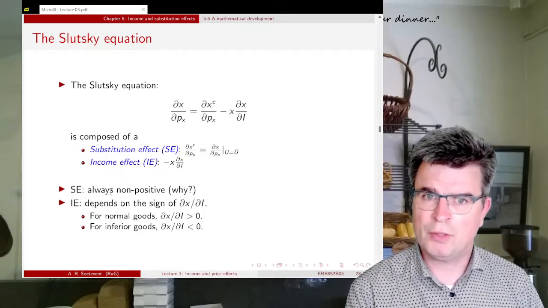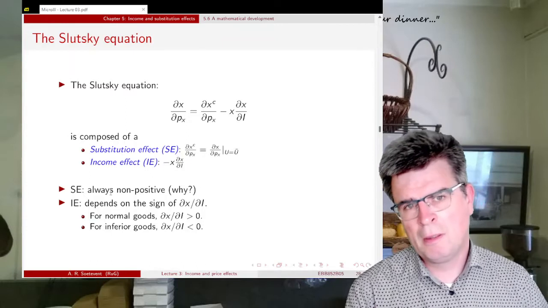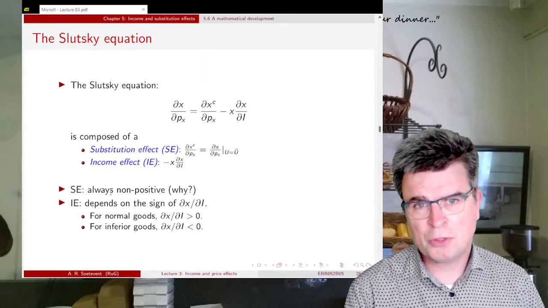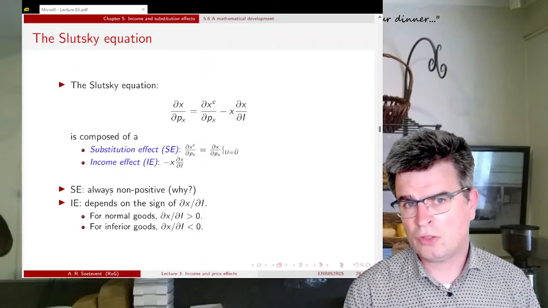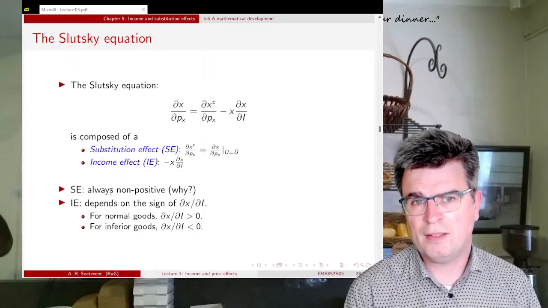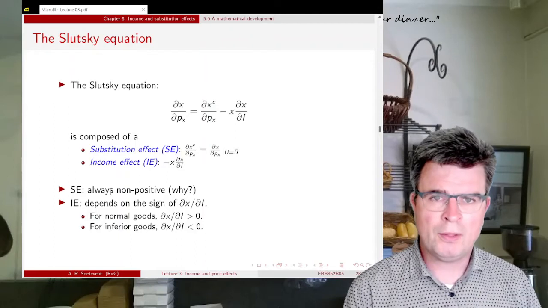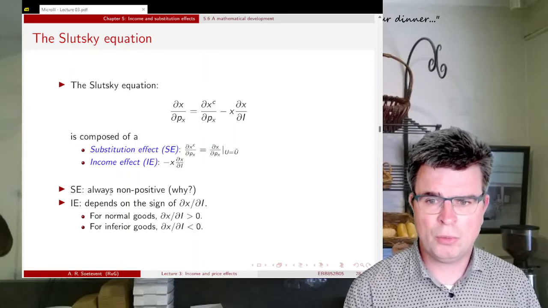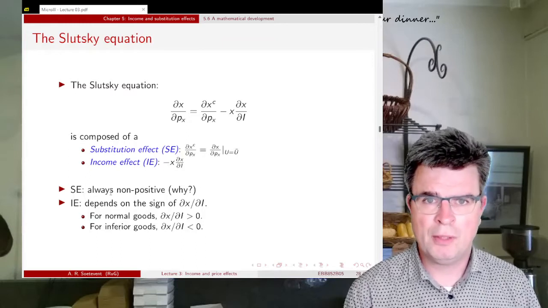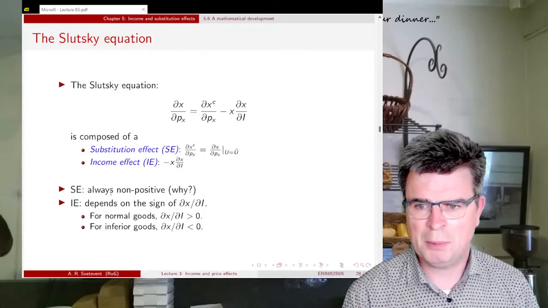In case of perfect complements, he cannot substitute away from the good that has become more expensive, so he will leave his consumption unchanged. The substitution effect is zero, but in all other cases, the substitution effect will be negative, as the individual substitutes away from the good that has become relatively more expensive.